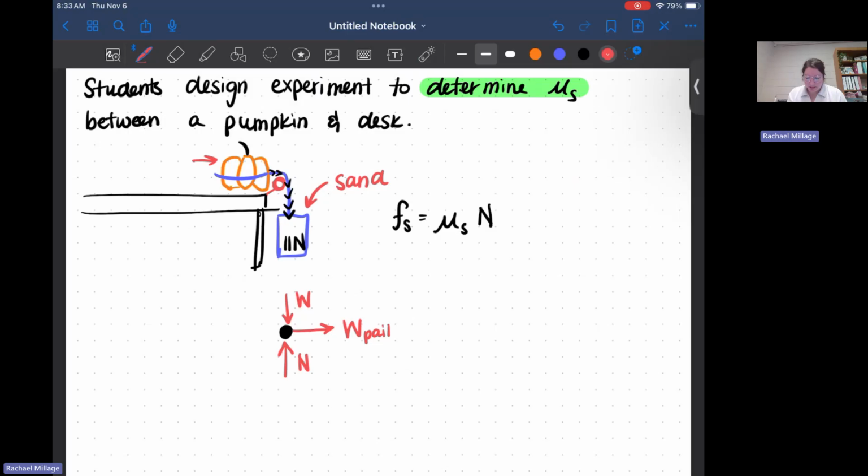So the other thing that we need to remember is that our maximum static friction is going to be when something starts moving. As soon as it starts moving, that's when we have our maximum static friction.